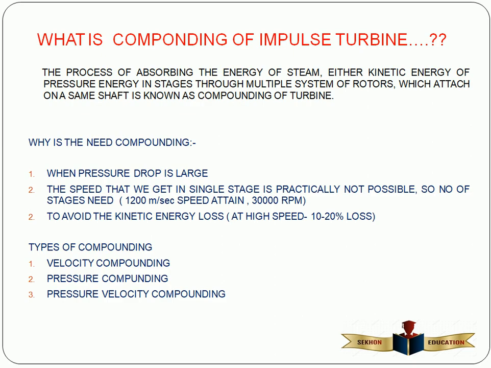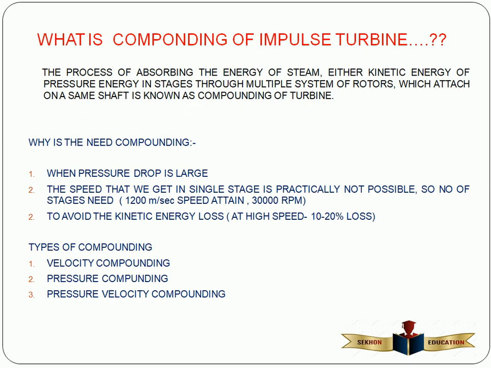Rather than installing one rotor on the shaft, we attach a number of rotors, or moving blades. Similarly, we can attach a number of nozzle sets and fixed sets. This process, in which we absorb kinetic energy and pressure energy in various stages rather than in a single stage, is known as compounding of an impulse turbine.